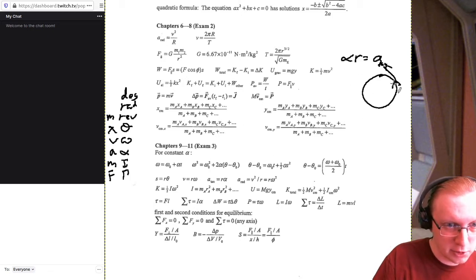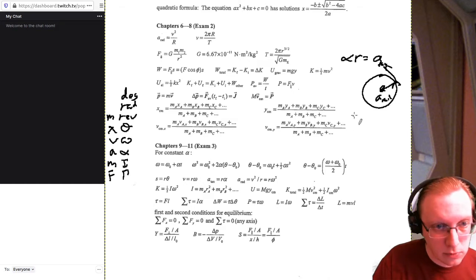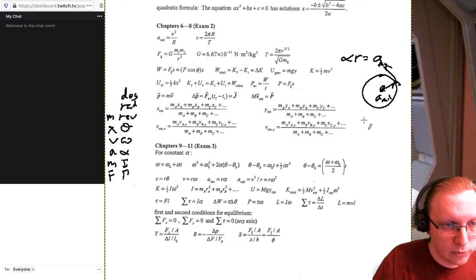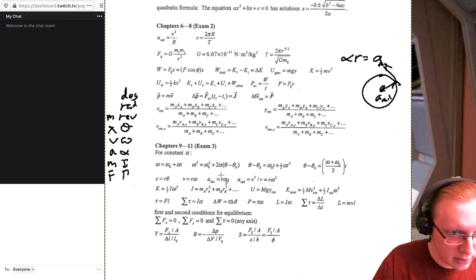But because you're going in a circle, your direction is changing, so you need a centripetal force going inwards, and so this is v squared on r, or r omega squared. And you can use this v equals r omega to prove to yourself that these are in fact equivalent to each other. So this is our a_rad inwards. I think that's all of that.